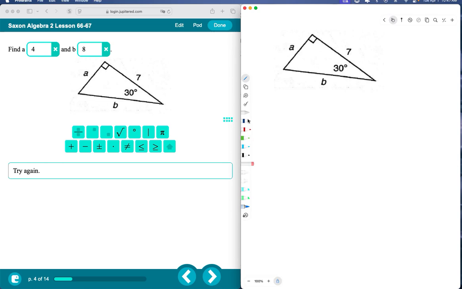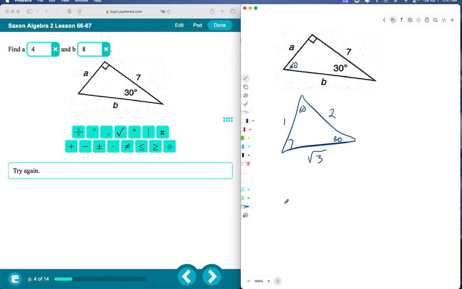So I bet you they used a similar triangle somehow. So if this is 60, then I can do 60, 30, and this is 1, 2, square root of 3.